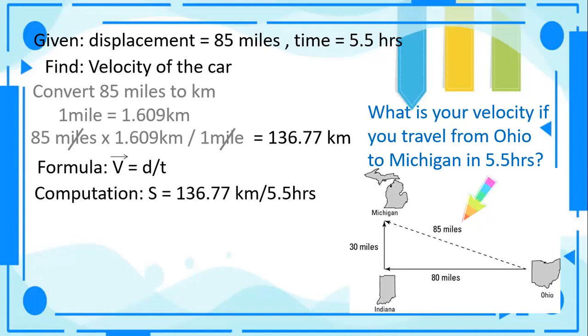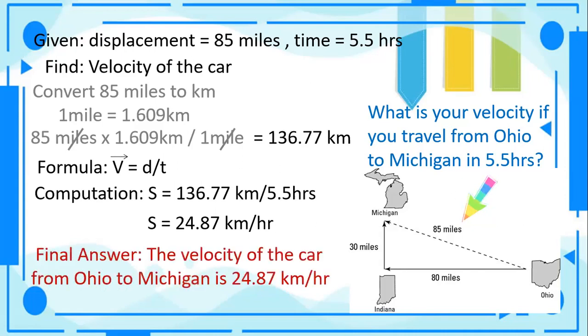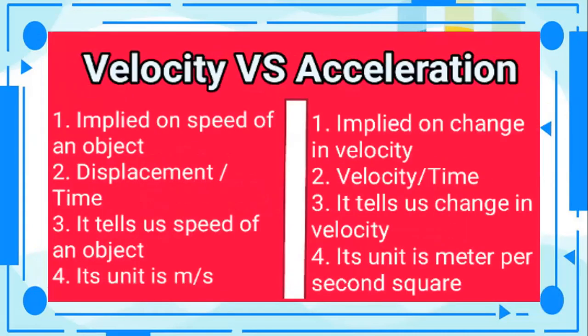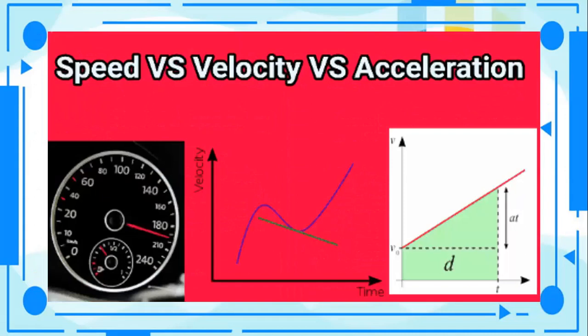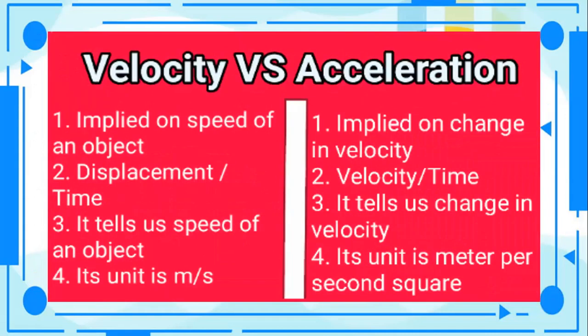Then we will have an answer of 24.87 kilometers per hour. So, the velocity of the car from Ohio to Michigan is 24.87 kilometers per hour.